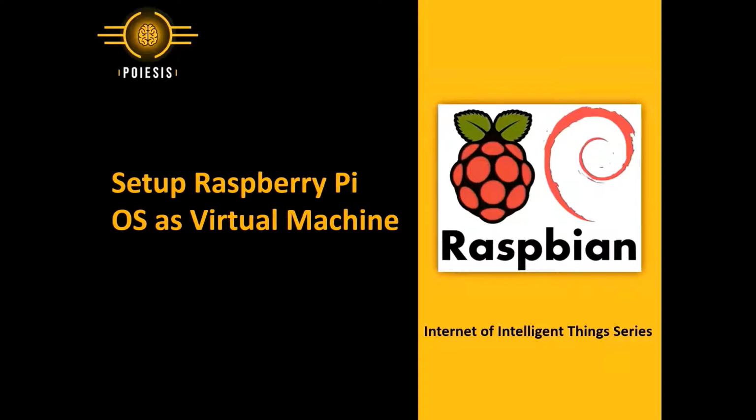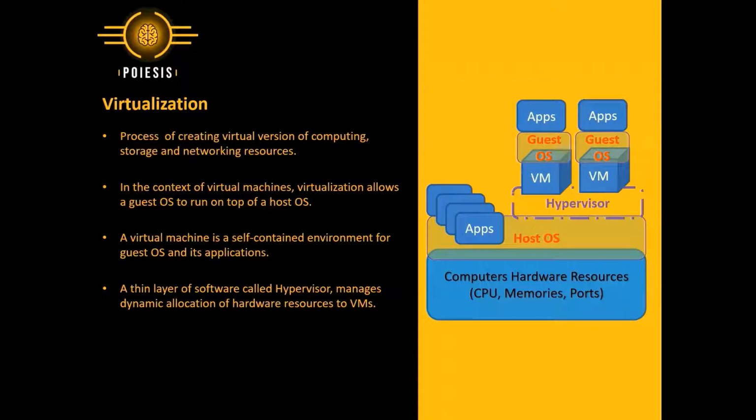So let's get started. Before we set up a virtual machine, let me explain to you what virtualization is. Virtualization is the process of creating a virtual version of computing, storage, and networking resources. In the context of virtual machines, virtualization allows a guest OS to run on top of a host OS.